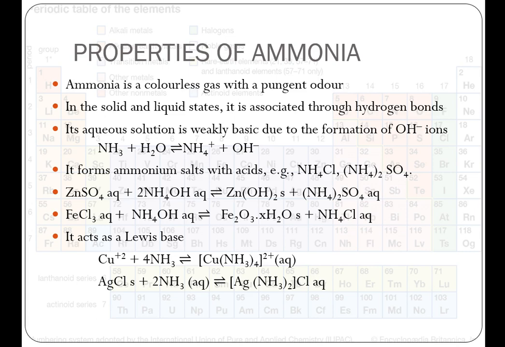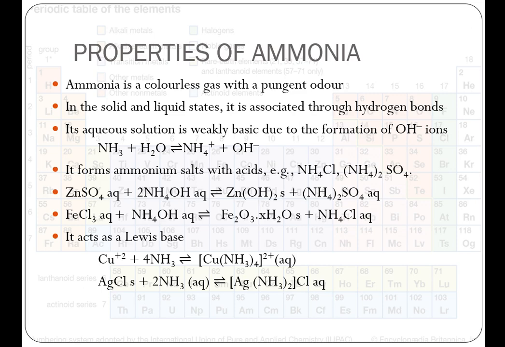Ammonia is a colorless gas with pungent odor. In the solid and liquid state, it is associated with hydrogen bonds because nitrogen is an electronegative element. It is highly soluble in water and its aqueous solution is weakly basic due to the formation of hydroxide ions.